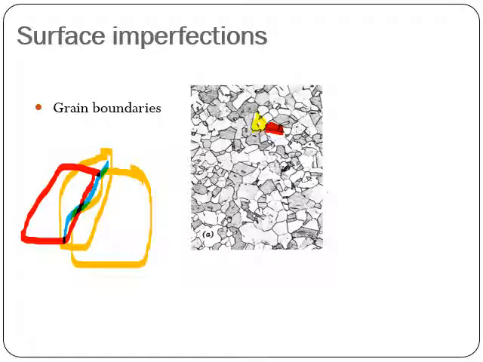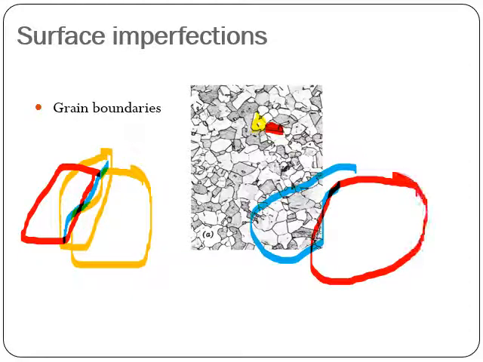There is a space in between the grain boundary, meaning there are atoms which get stuck in between. For example, between these grains, a part of the atoms gets squeezed in between. That part is going to act as a weak point.